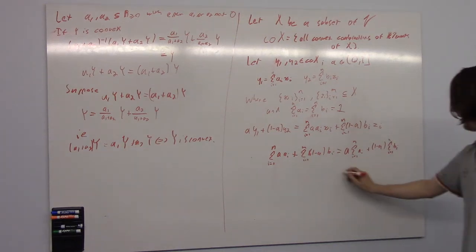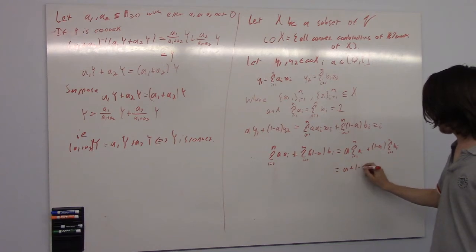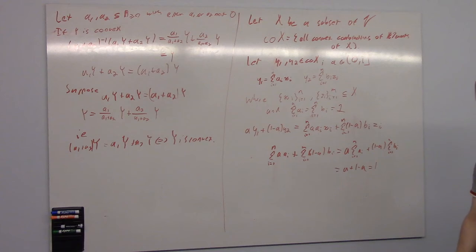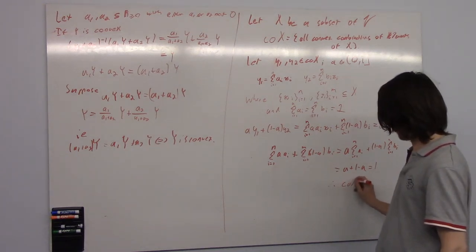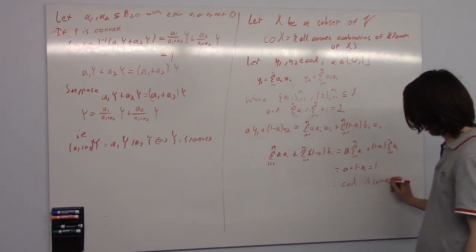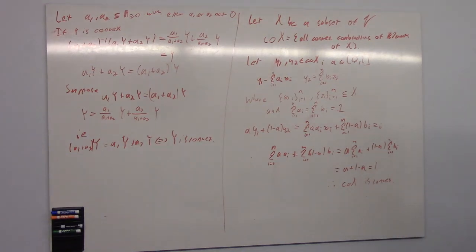This is 1 and this is 1, so this is a plus 1 minus a, which is just 1. Therefore, CO of X is convex. Namely, by definition, it's the smallest convex set containing X. This is going to be very important. We call it the convex hull of X. Okay?